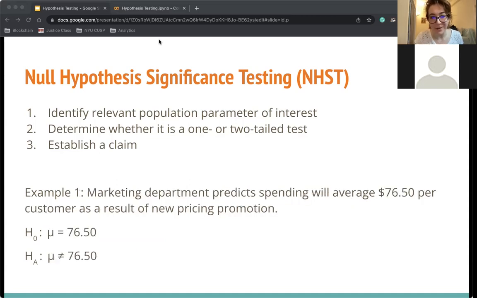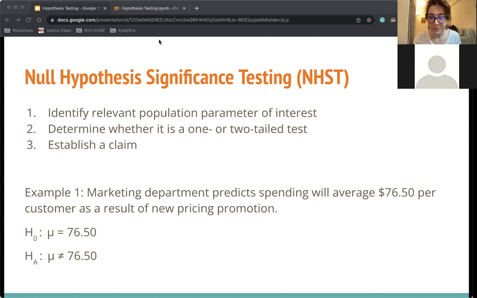Yes, exactly. And in this last example, we want this to say that on average, they spend $76.50. And as a result of this new pricing program, maybe this new promotion makes people spend less money or more money. This is developing that framework to say, now we can start to test. And after this new program, let's say we take a sample every month to see, is there evidence to support that this new pricing promotion changed the average spending?